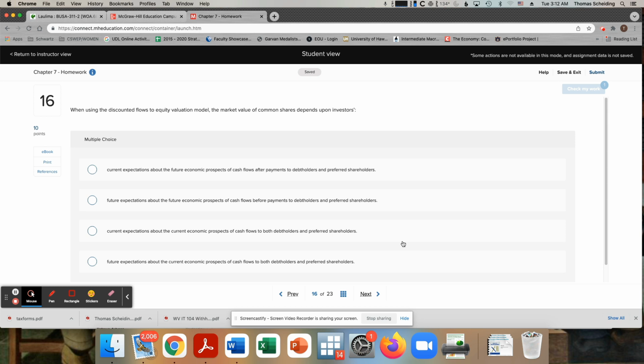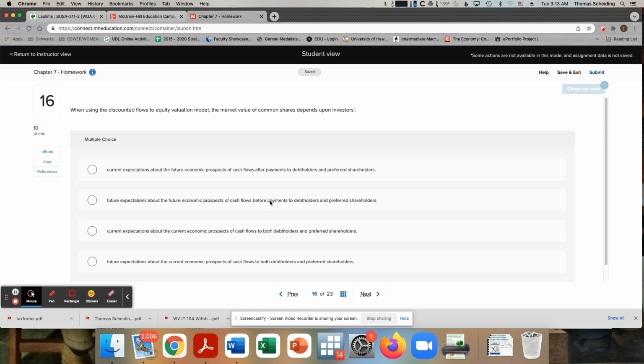Okay, so now if we use the discounted cash flows to equity valuation model, what we see here is that the way it works is that it's done after the payments are made to debt holders and shareholders.